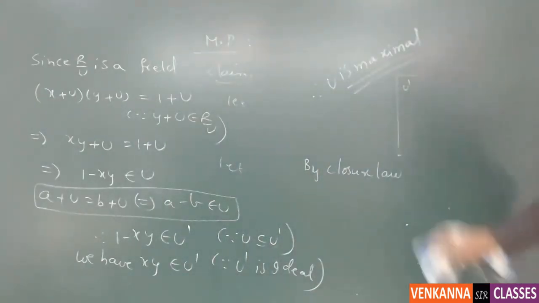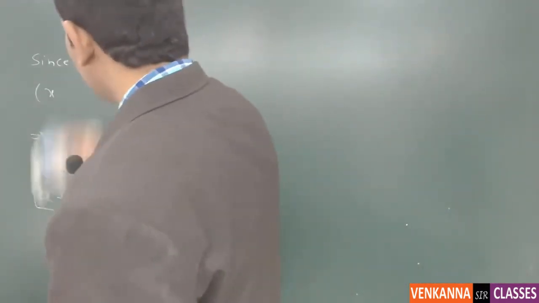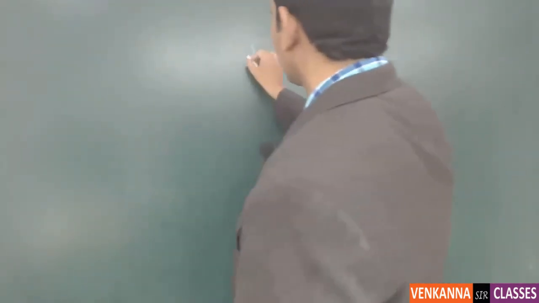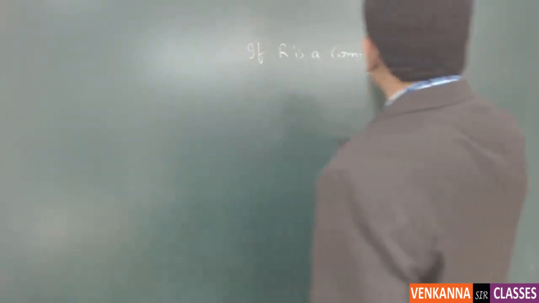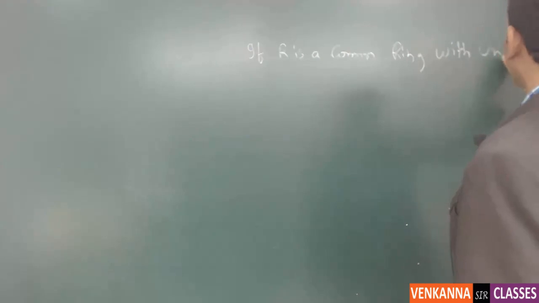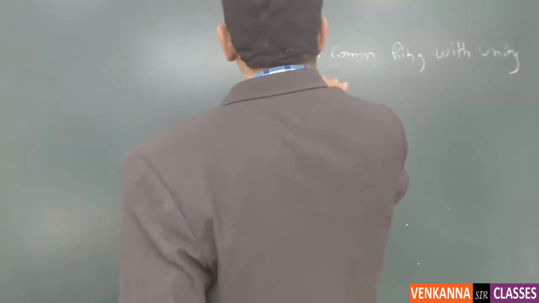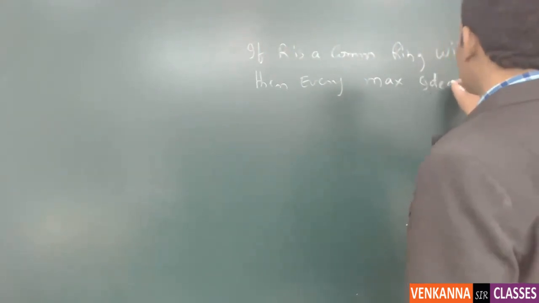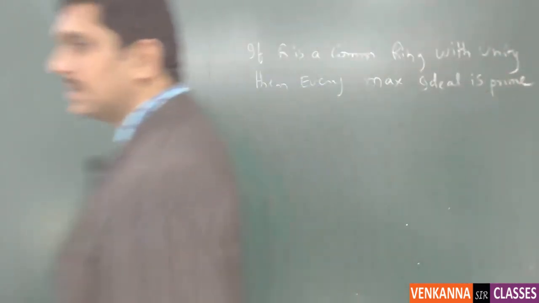Now, after doing these results, we have some confusion with us. If R is a commutative ring with unity, then every maximal ideal is prime. This is a very simple result.